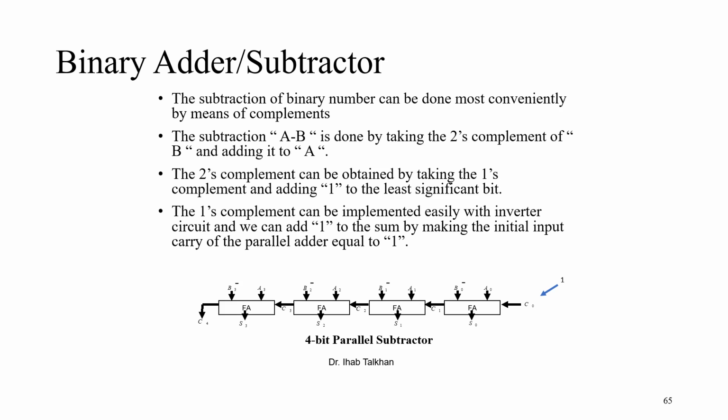If I'm doing that, for the one's complement, if you remember, you are just exchanging every 1 to 0 and 0 to 1, and this means that you're going to exchange all the B's, B0, B1, B2, B3, into B0 bar, B1 bar, B2 bar, B3 bar. This is the one's complement of the negative number. And also we have to add the 1 to the least significant bit, which means I'm going to exchange the initial value C0 equal to 0, so that C0 will equal 1.